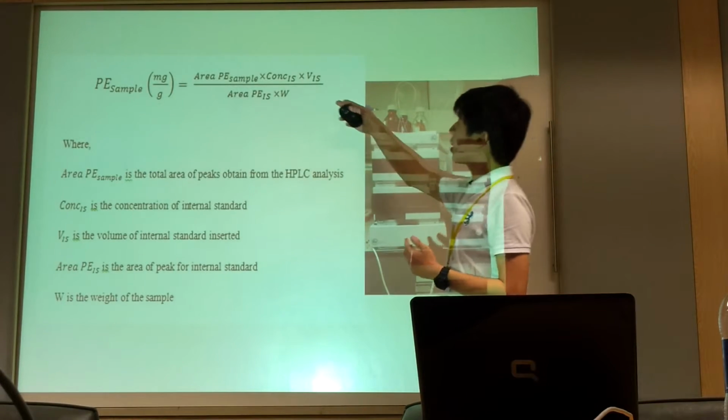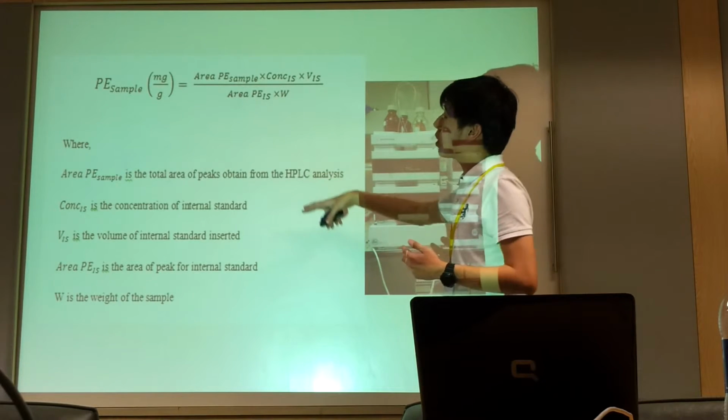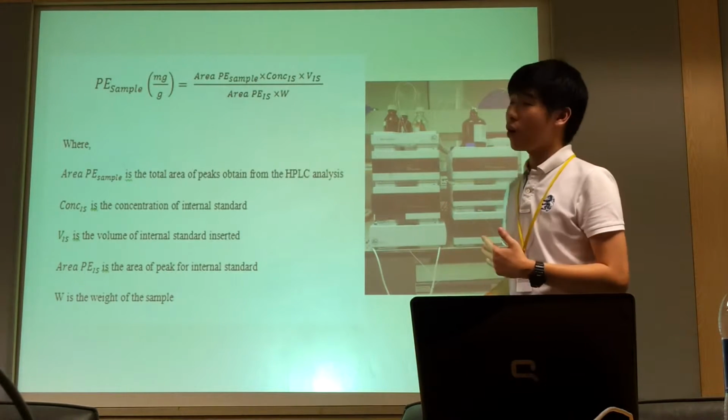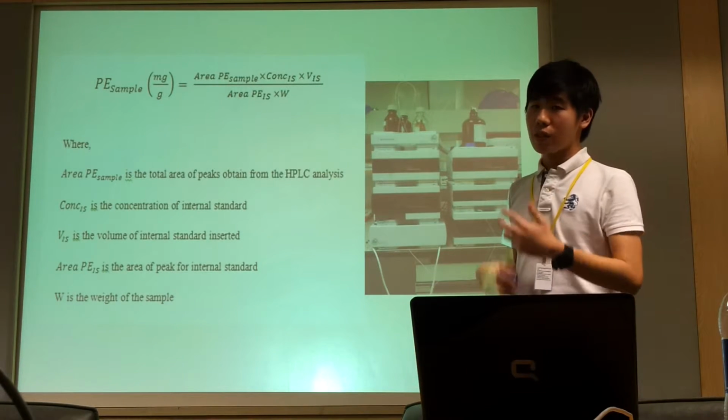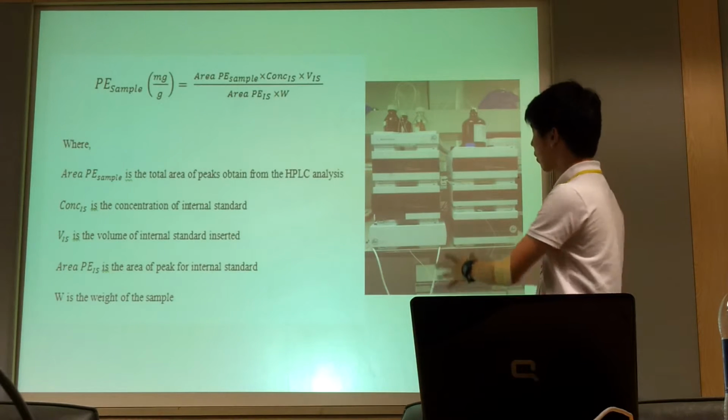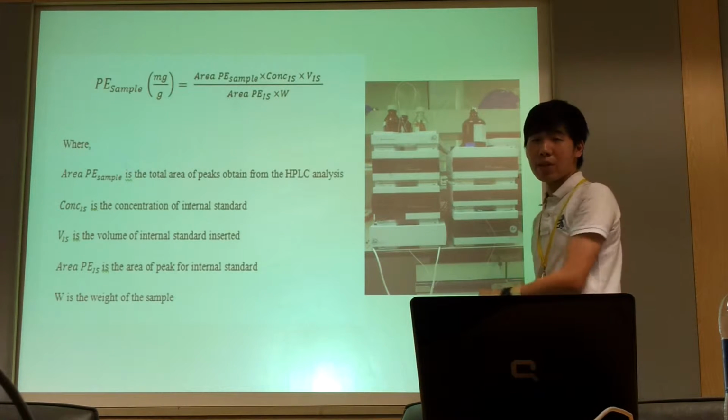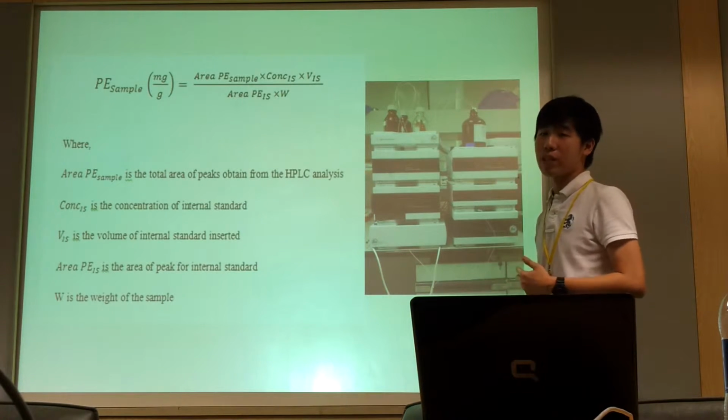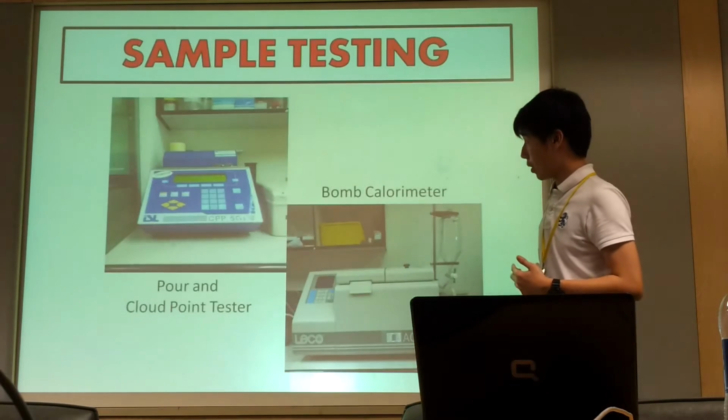So basically, this is the formula that we are using for the extraction calculation. And of course, this is the HPLC machine that we have been using for the research project.